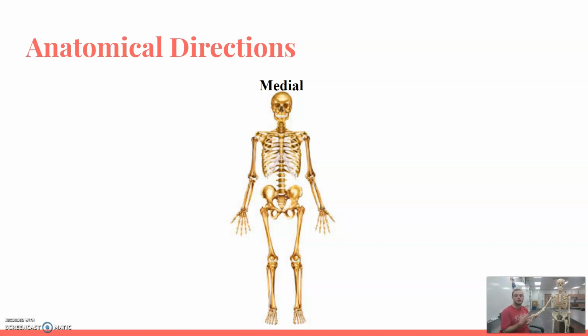And anything that moves towards the middle of the body is said to be moving in a medial direction. So if I'm comparing the arm bone here, and I say that I want to go from Bartholomew's elbow here to his ribs, I would be moving in a medial direction. Or what I could say is that the ribs are more medial compared to the elbow.